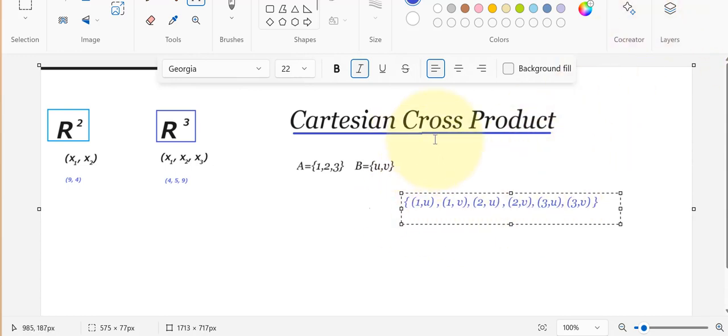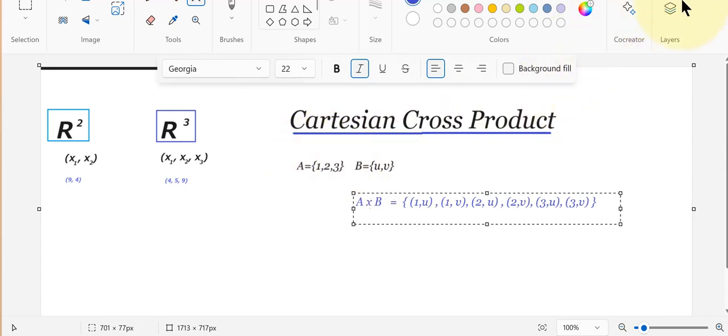That's called the cross product of A and B, and that's written like this. So A cross B is this stuff here. It's just a set of ordered pairs where you draw the first element of each ordered pair from the first set and the second element from the second set. And that's called A cross B.